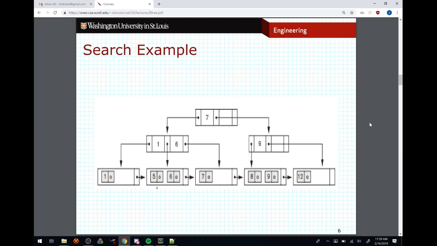What's the degree of the internal nodes in this example? What's P for the internal nodes in this example? What is P? Or what is the fanout, the branching factor? That would be the same idea.